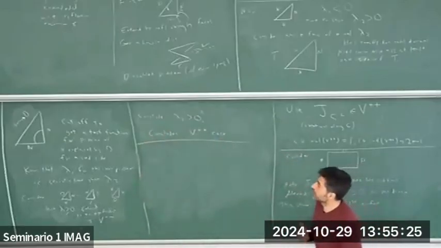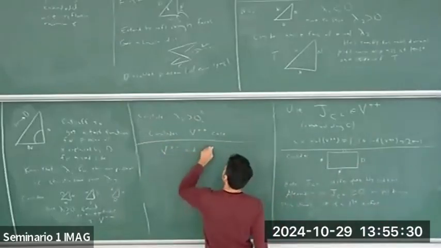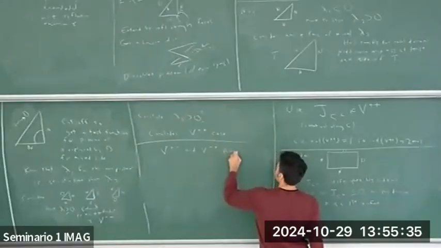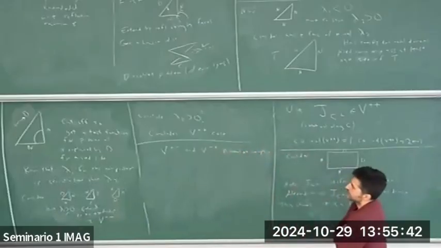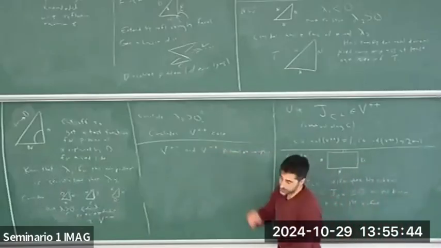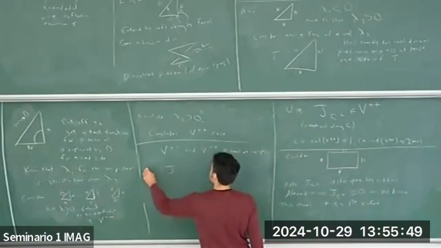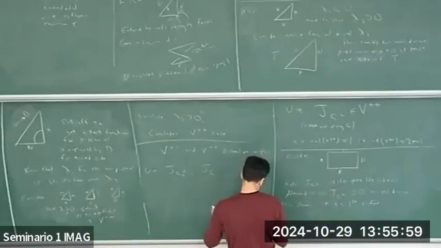I don't have too much time, but I already pointed out that the B plus minus problems are isomorphic. And so you can pick one of these and use it for what I'm going to say.